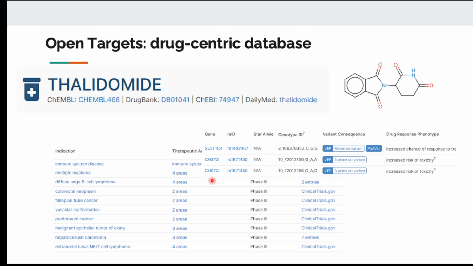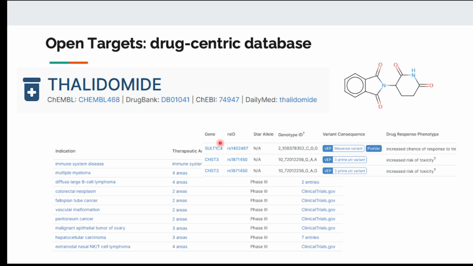In this Open Targets database, you can start with a drug, a compound of interest, and they will take you to a lot of information about the drug, like the function, the chemical formula, the clinical trials that involve this drug, and the mutations in the human genome that can interfere with the activity of the drug.